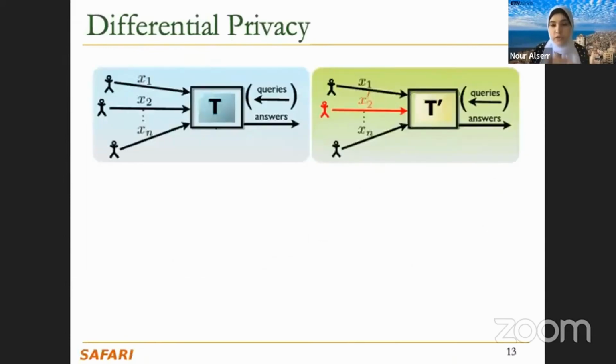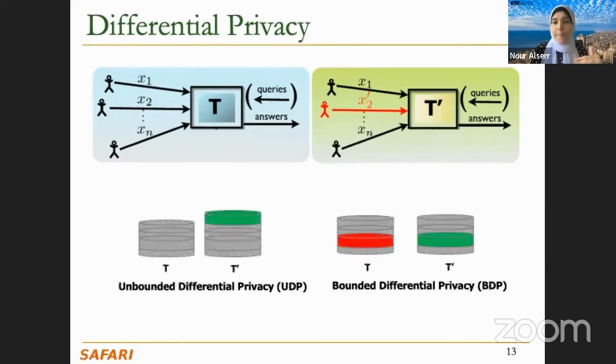Now, let me give you more technical details about it. Again, imagine that we have two data sets, which we call neighboring data sets. These two data sets differ in one row. Based on the differences, we have two types. If they are the same size but differ in the content of one row, we call it bounded differential privacy.